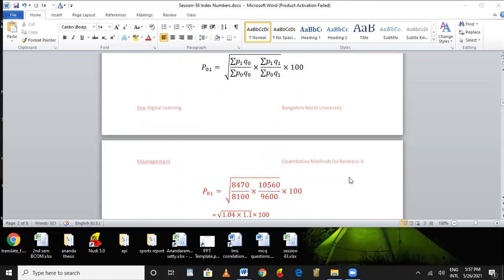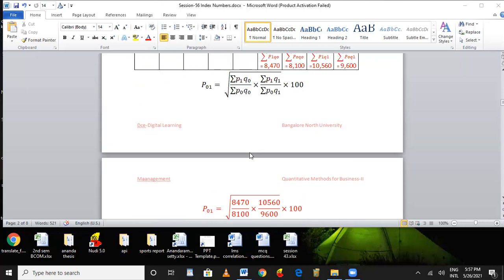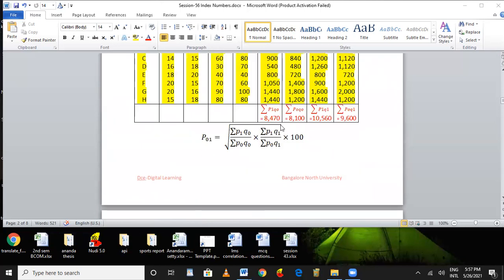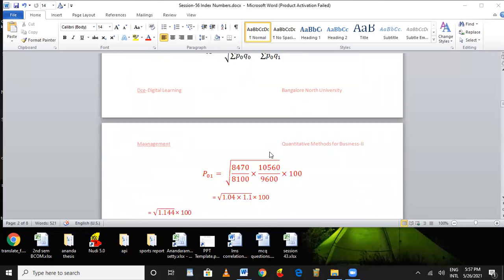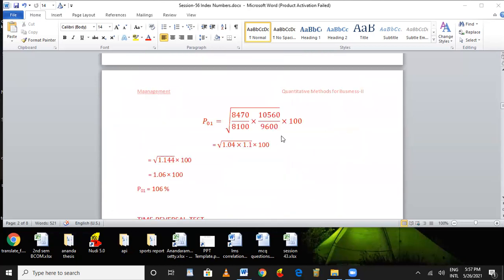Now we have to substitute in the formula so that we'll get the P01. It is equal to the square root of 8470 over 8100, the P1 Q0 over P0 Q0, times 10560 over 9600, P1 Q1 over P0 Q1.